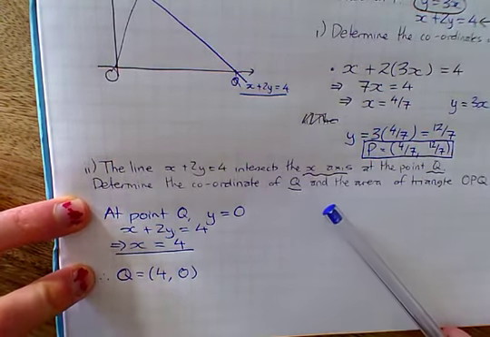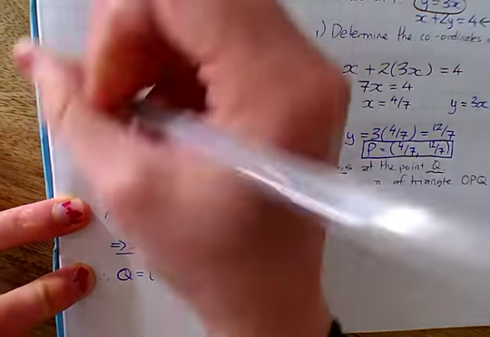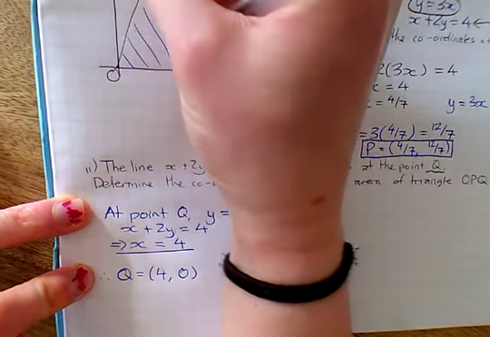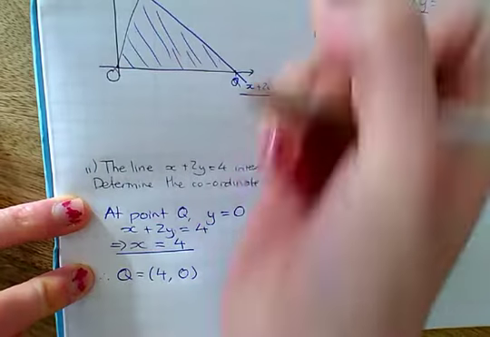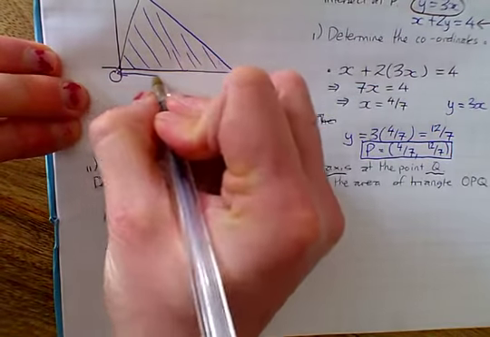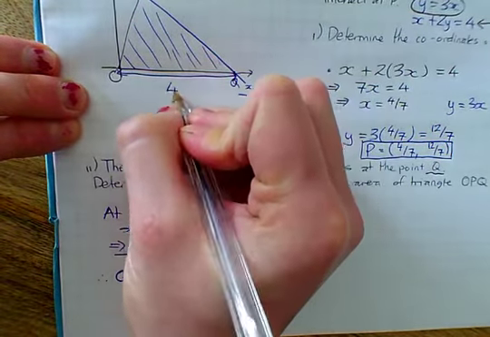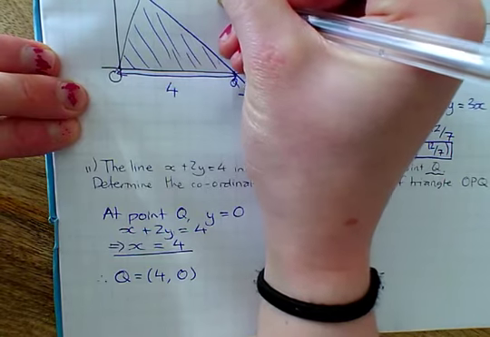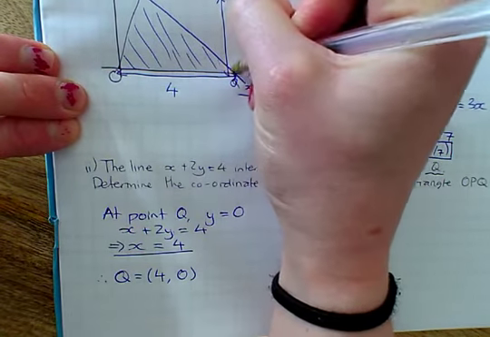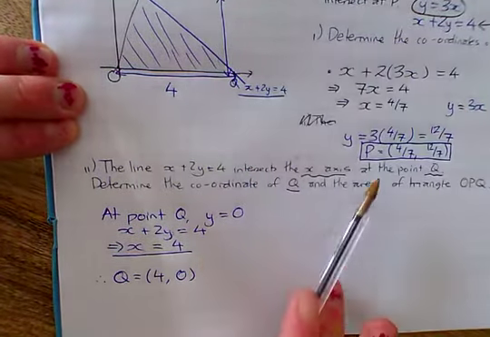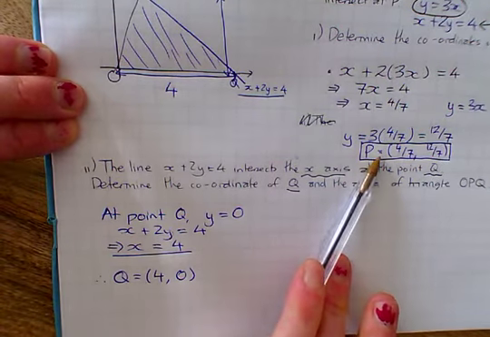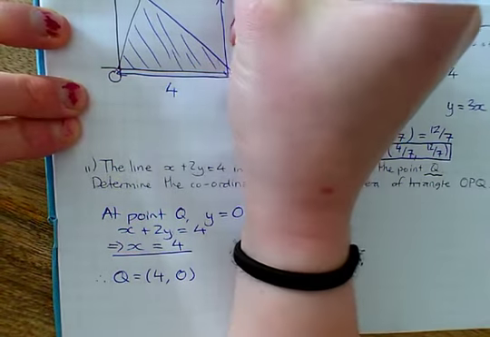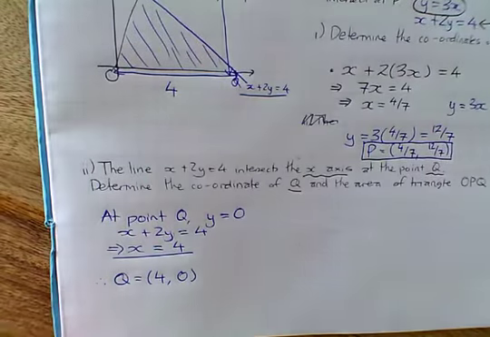Now I'm asked to determine the area of triangle OPQ, so that is this triangle here. Now I know that this has got a base length of 4 and a perpendicular height using the y coordinate that I found in part 1 of 12 over 7.